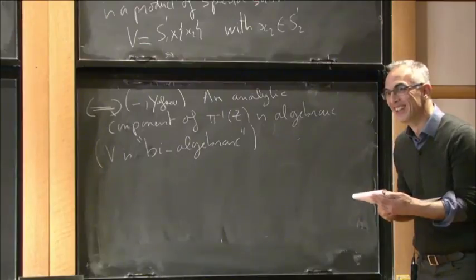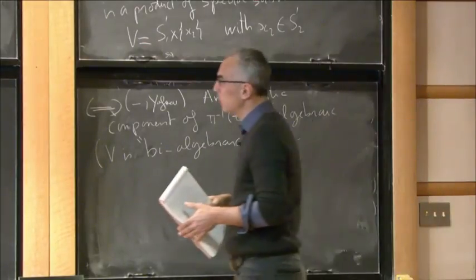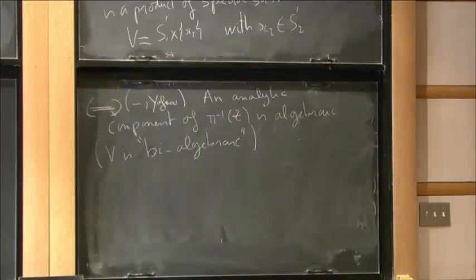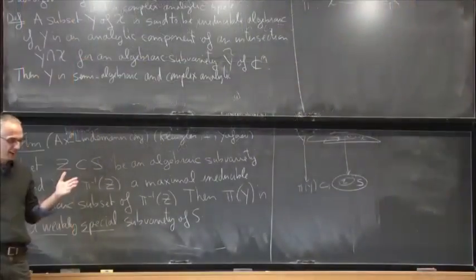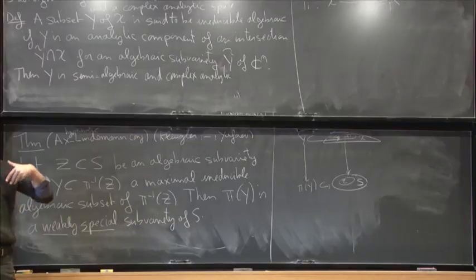Clarify the name Ax-Lindemann. Why is this a generalization? Why is it the hyperbolic Ax-Lindemann conjecture? So you can formulate the same statement if you take the uniformization of a product of G_m by the exponential and C to the n.